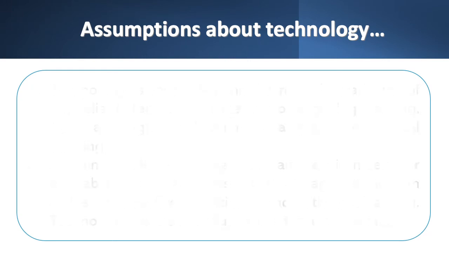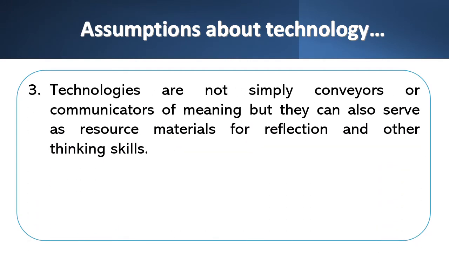Okay. The third one is technologies are not simply conveyors or communicators of meaning, but they can also serve as resource materials for reflection and other thinking skills. This is true. No, for example, the students may serve information from the computer, but they should be asked to give their own understanding by clarifying, illustrating, classifying, summarizing, inferring, comparing, or explaining.